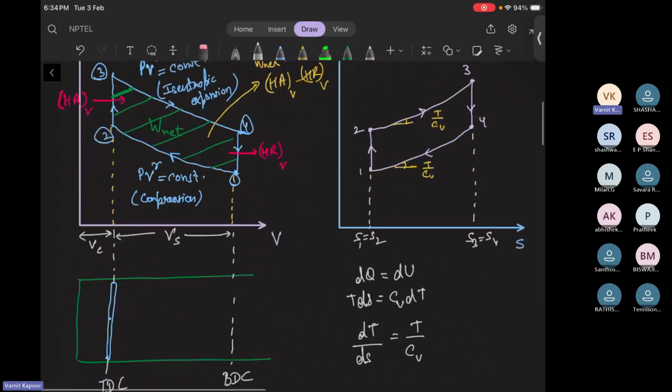We are talking about the compression process, that is from 1 to 2. So which volume is greater, 1 or 2? Is the volume at point 1 higher or the volume at point 2? Please tell me.